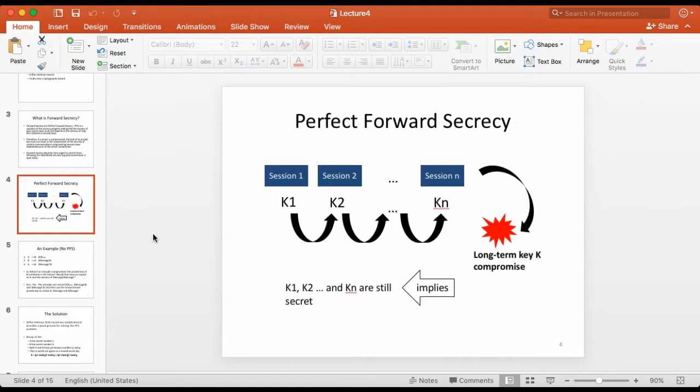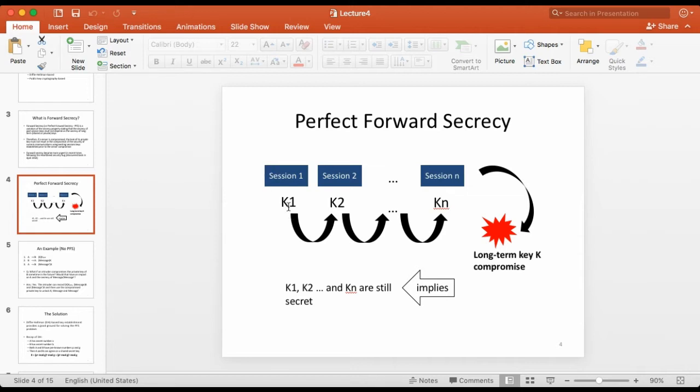This is more in diagrammatic terms. We have here a simple diagram demonstrating what PFS is. As you can see, we have several sessions. These are sessions of the same protocol being run, for example, between Alice and Bob, or between the client and the server.